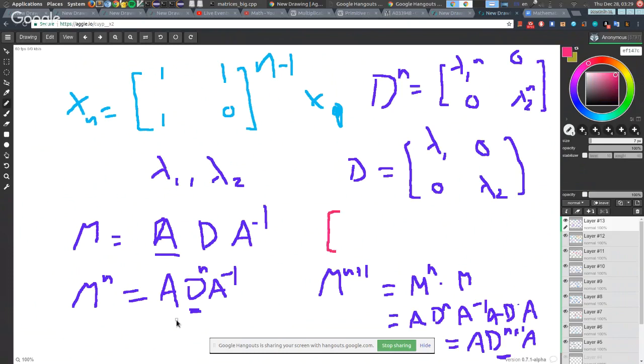This linear combination depends on the values in A. We end up having some, let's say, A1, A2, A3, A4.